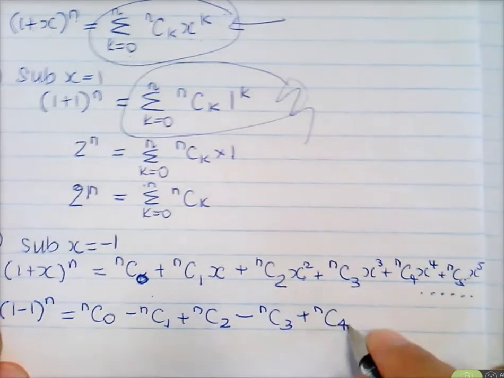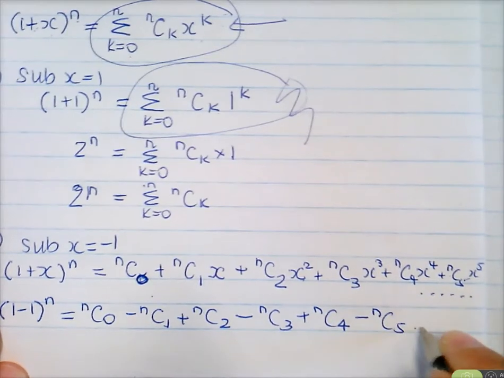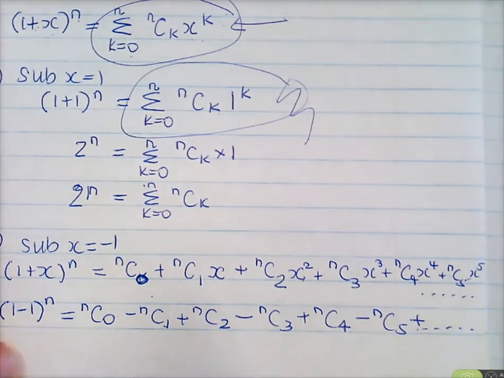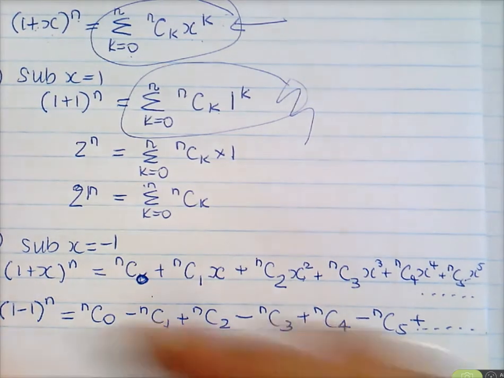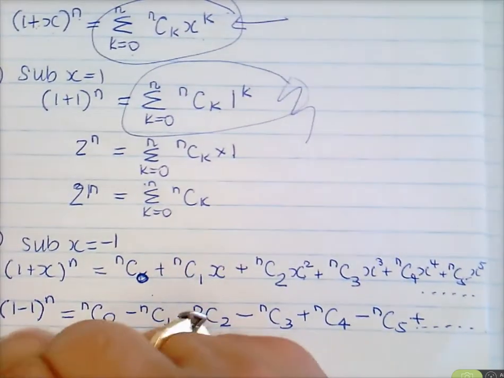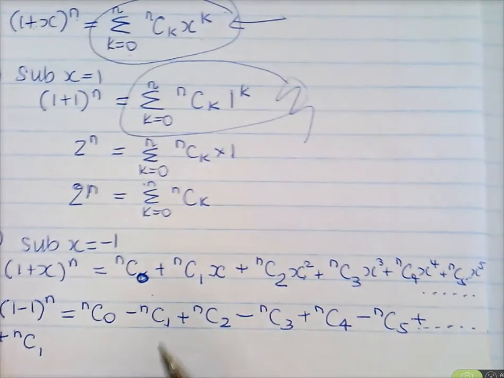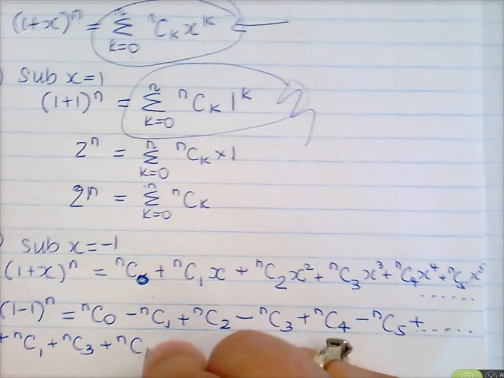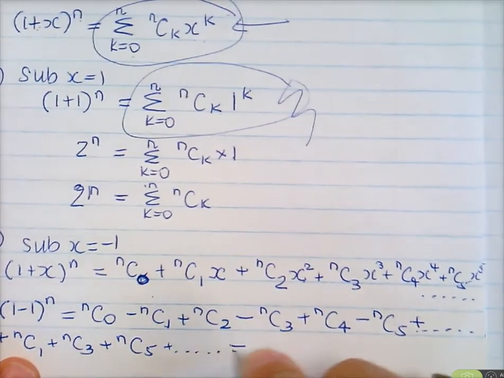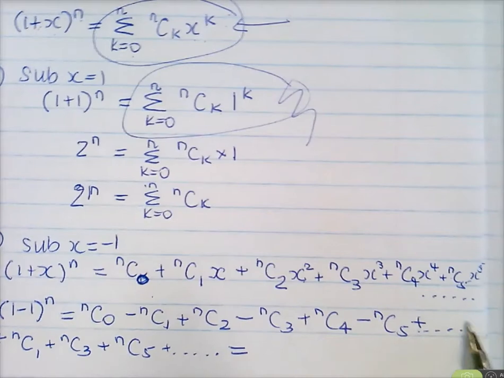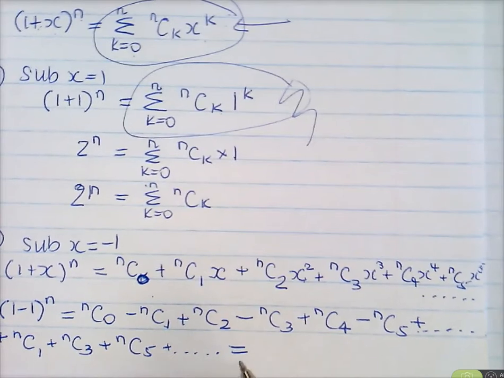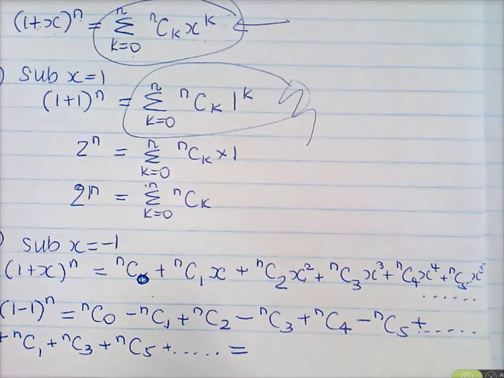Plus nC4. Minus nC5, dot. Plus dot. 1 minus 1 to the n is just 0, isn't it? So let's just go 0 and bring the negative ones over. 0 equals nC0 plus nC2 plus nC4 plus dot, minus nC1 minus nC3 minus nC5, do you know what I mean? That would continue. You'd bring the nC7 over and the nC9 if you had to. So I've got plus dot equals.